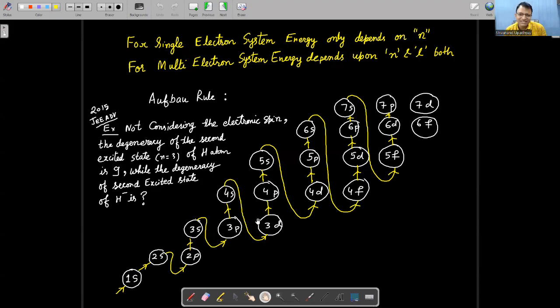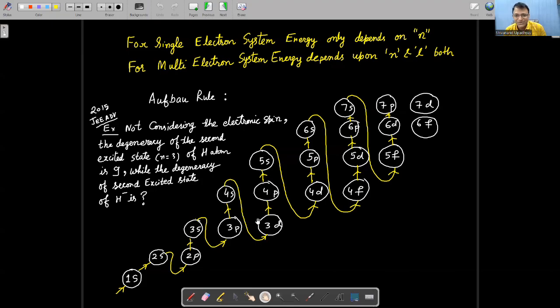If the orbitals have the same energy, we say degenerate orbitals. So in a single electron system, all the orbitals in 3s, 3p and 3d have the same energy. If we count, 3s is 1, 3p is 3 and 3d is 5. So a total of 9, n square, orbitals are degenerate in the third orbit.